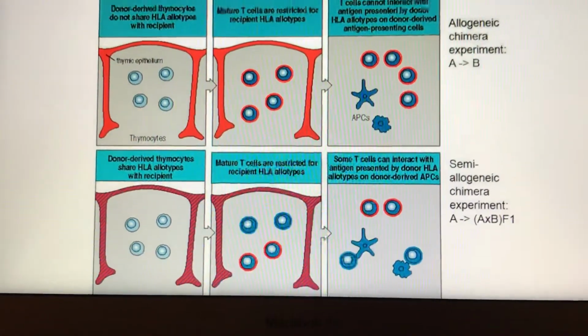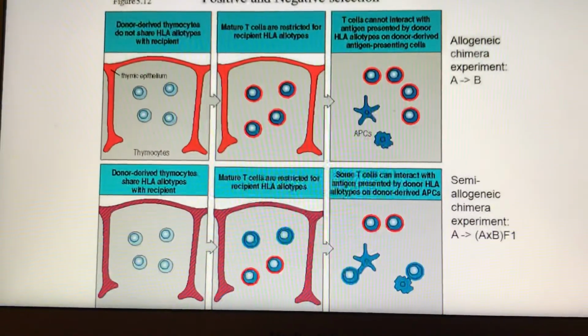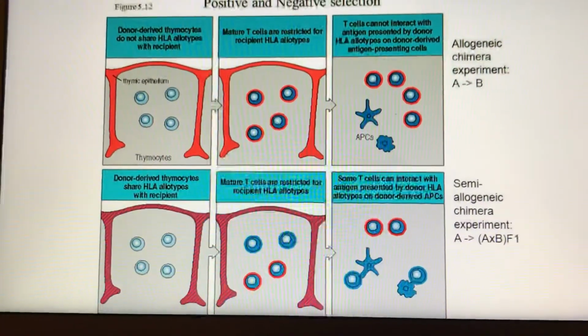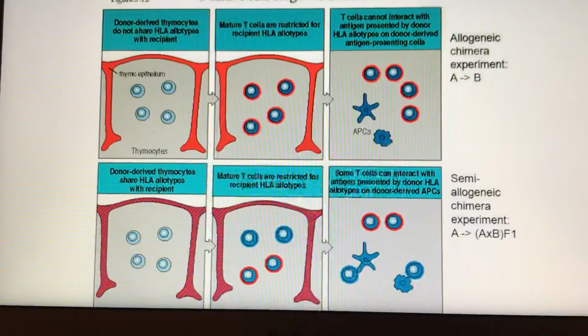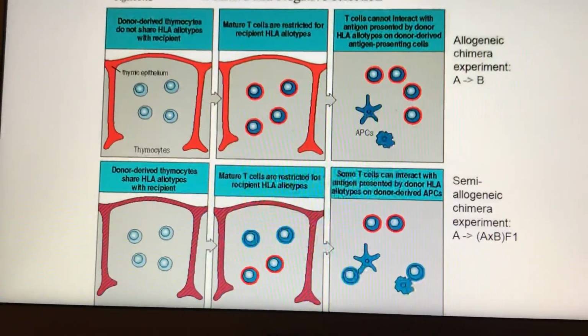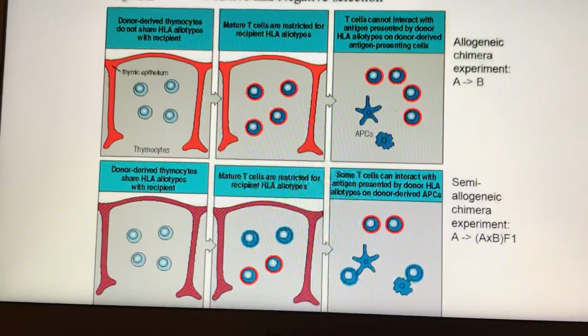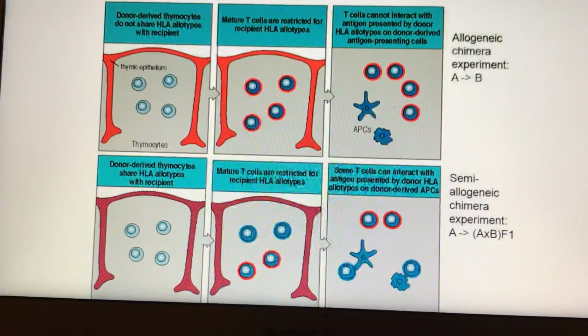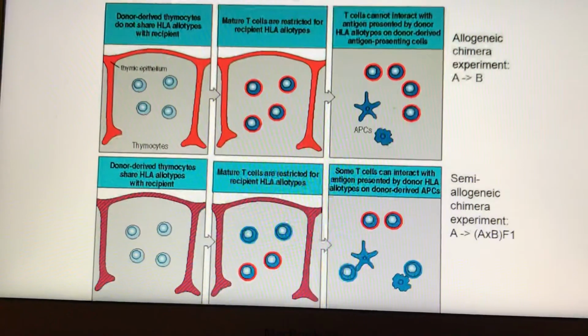The next one is the stochastic model, and these consist of a random CD4, but they're binding to AG and class 1 MHC.